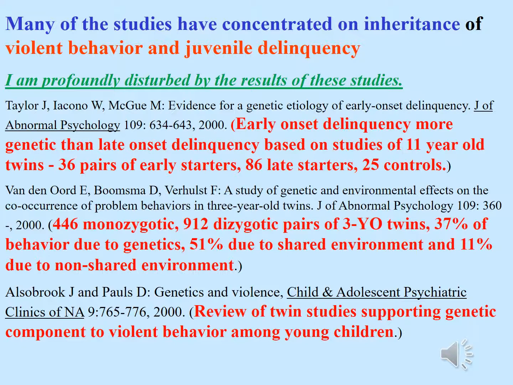Vandenoord's study looked at 446 monozygotic, 912 dizygotic pairs of 3-year-old twins.